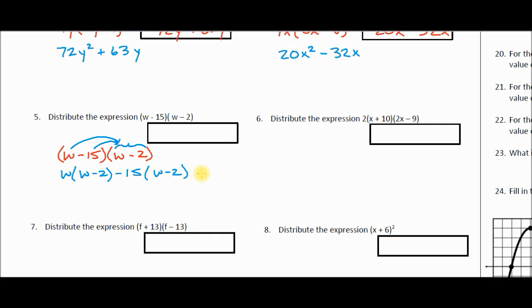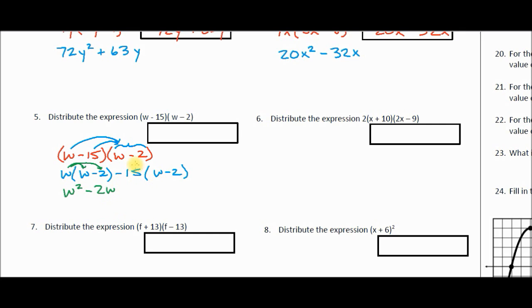Basically, it's all one expression, but we handle them separately. This is a monomial times a binomial. So w times w is w squared. W times negative 2 is negative 2w.